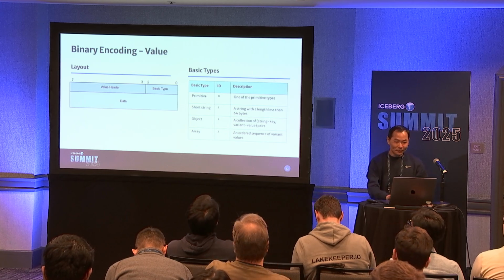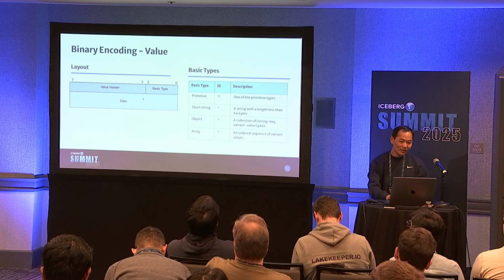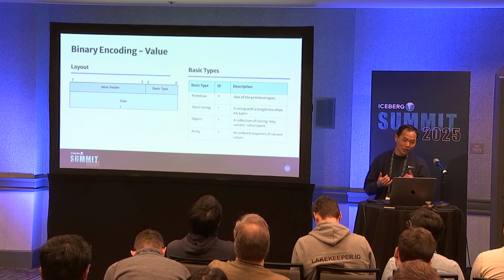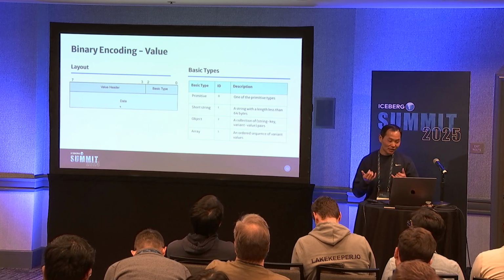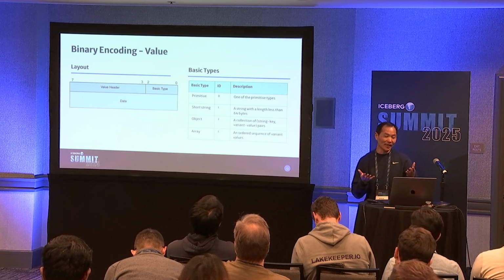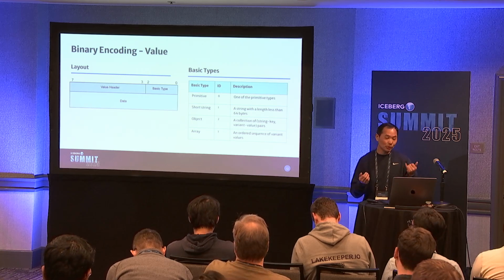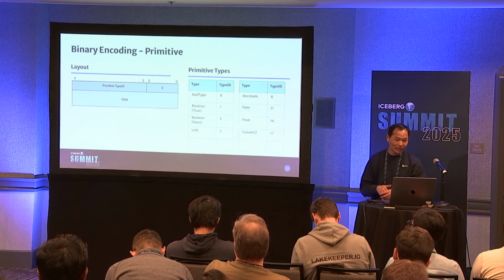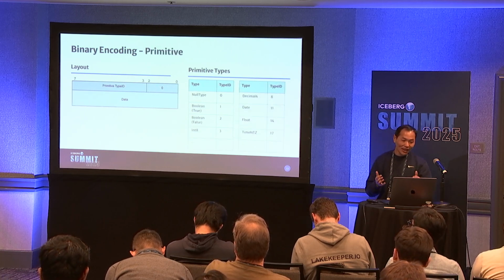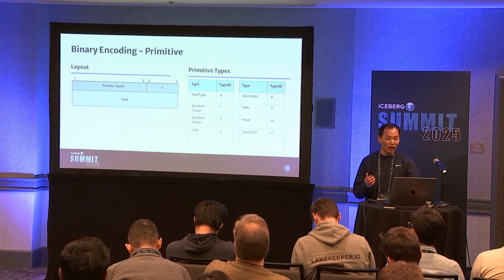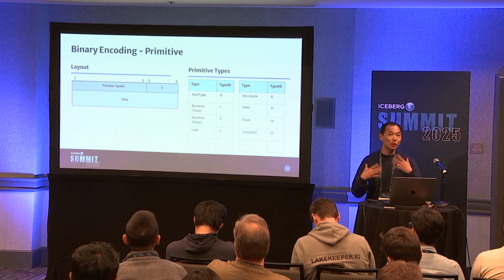After that comes the data area. But of course, you may not need data in some cases. Maybe let's go to the next slide. For example, the data may not exist if it's a null type, or if it's true or false.